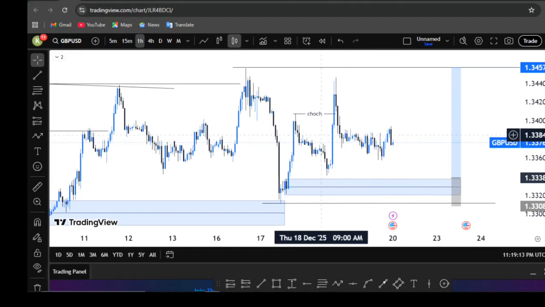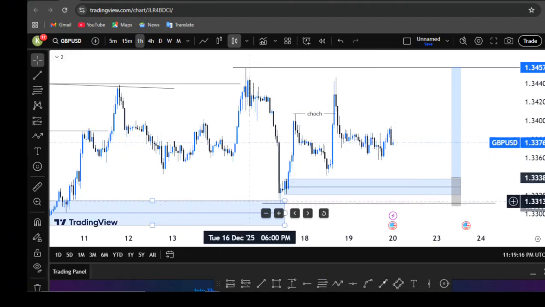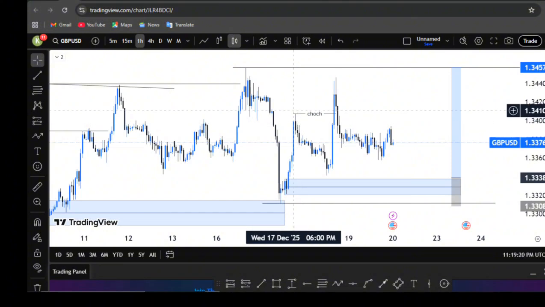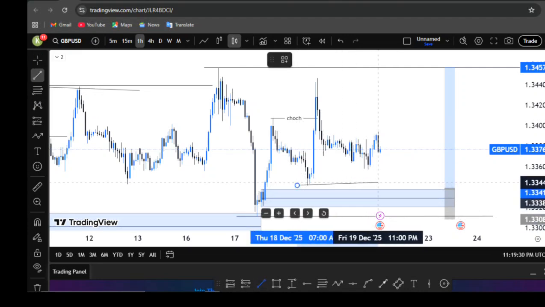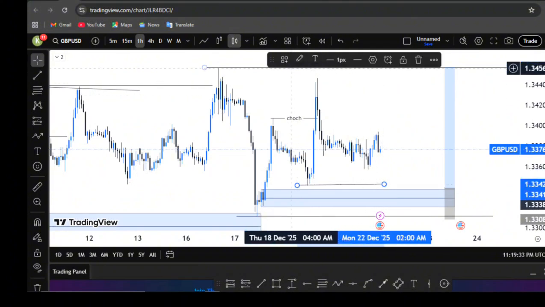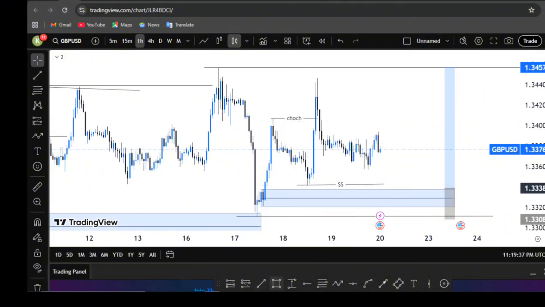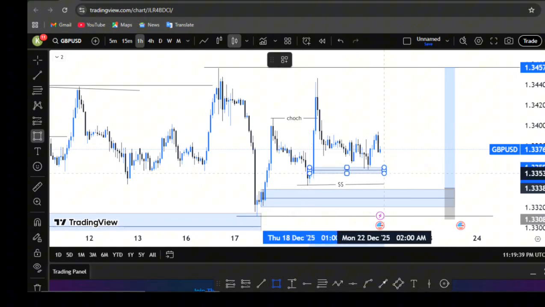But currently I'm seeing something like this. Let me first delete this. When the market rejected off the H4 demand zone, it went up and gave us this as my internal change of character. So why am I considering this zone? It is because it has liquidity below it. This is my liquidity.